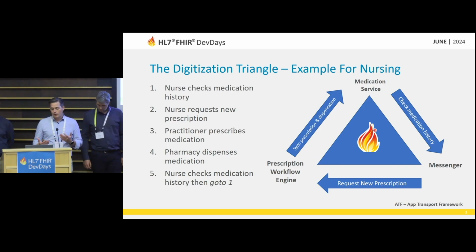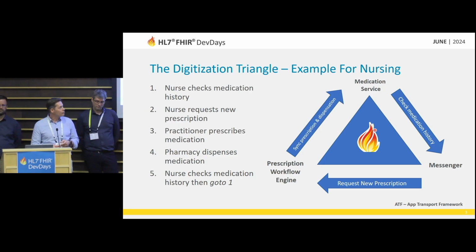And a nurse might regularly check the medication history of the patients and realizes that some medication runs out and a follow-up prescription is necessary. So in an ideal use case, we think that he then uses a locally installed messenger and submits a prescription request to the known general practitioner.